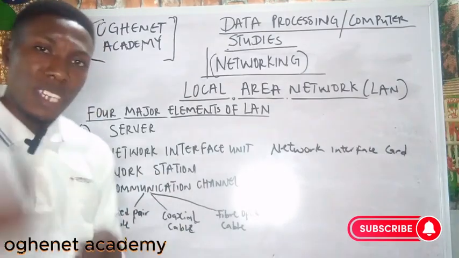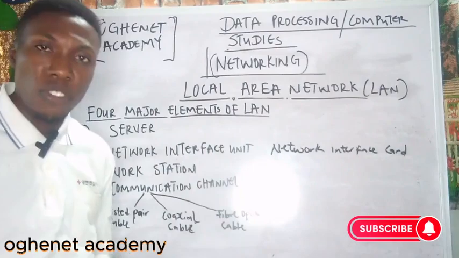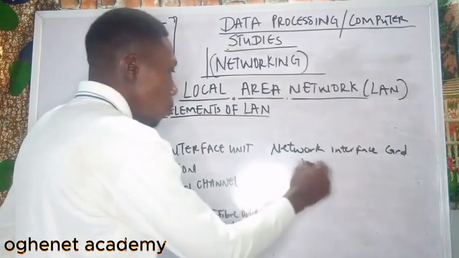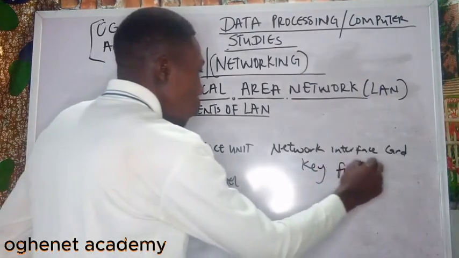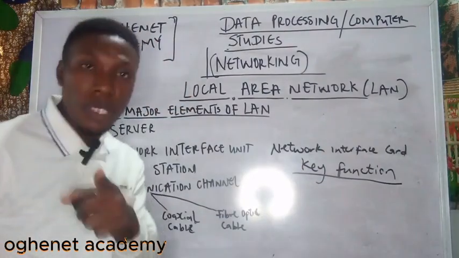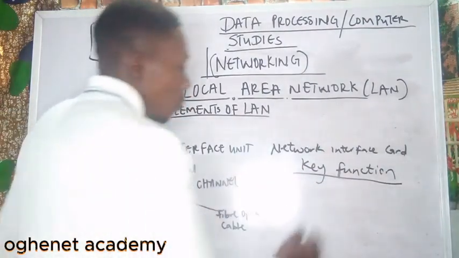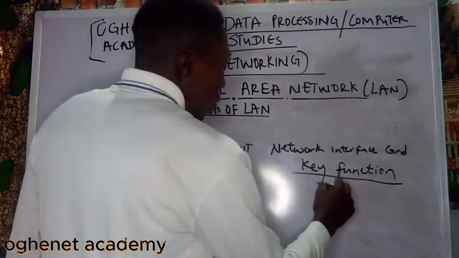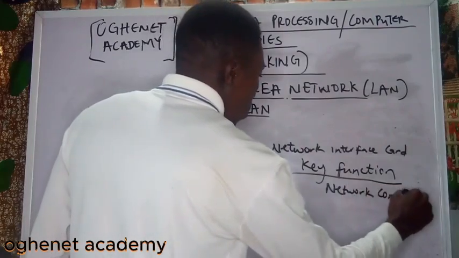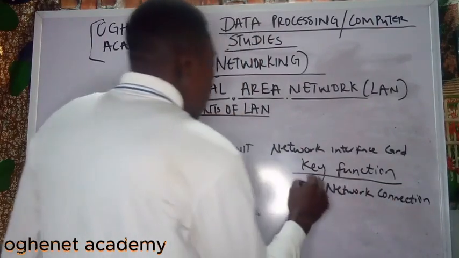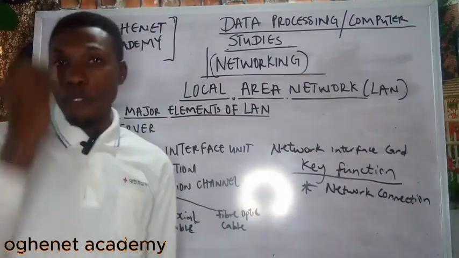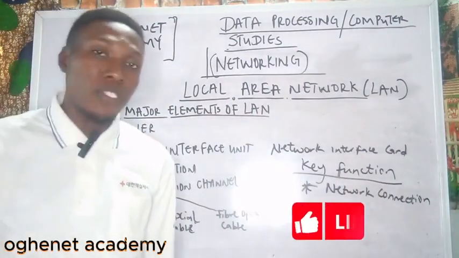Now, let's look at some of the key functions of the network interface unit. First, one of the key functions of the network interface unit is network connection. Now, this is the number one primary function of the network interface unit.